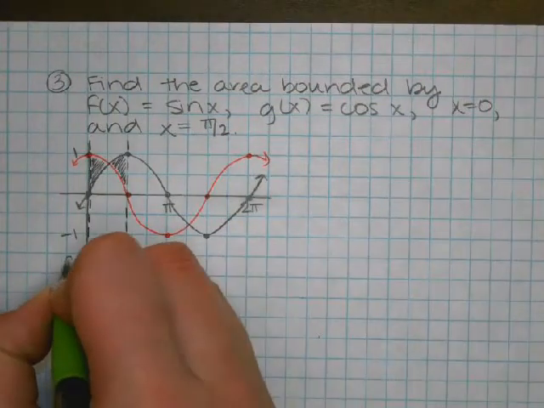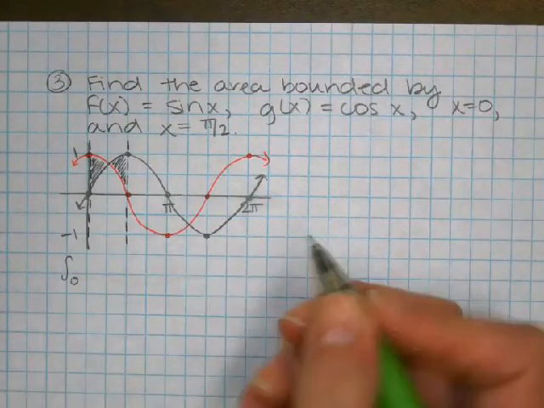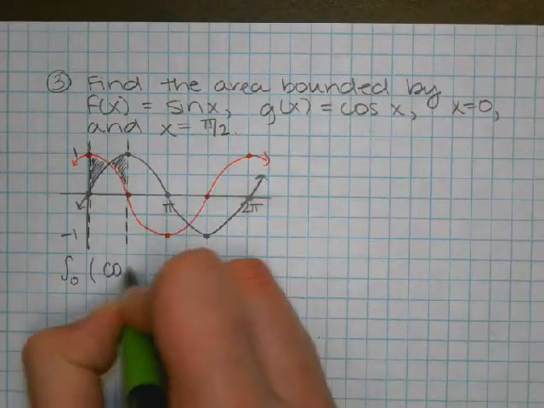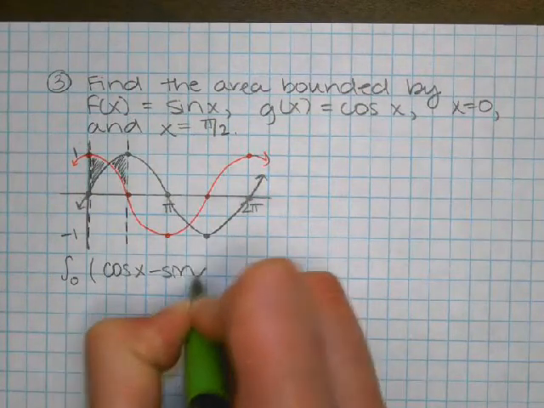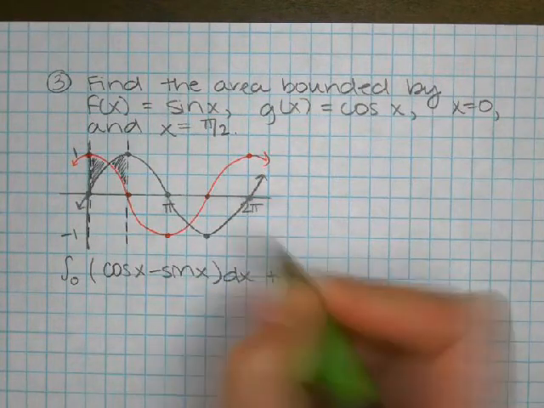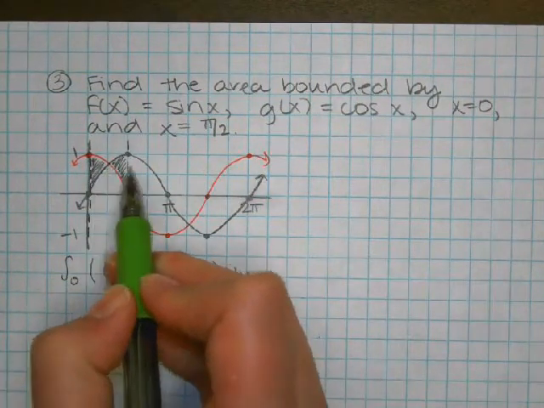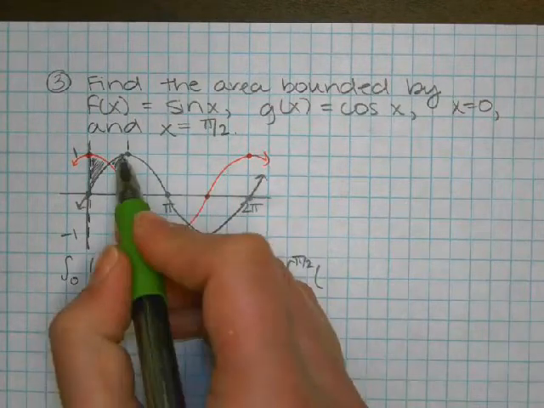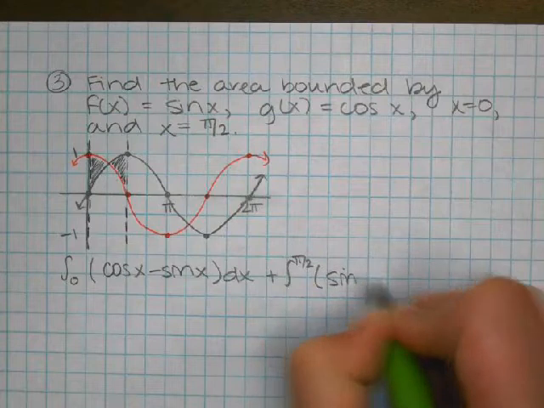So I'm going to say from 0 to something is going to be top minus bottom, which would be cos x minus sine x dx, plus the second interval would be something to pi halves. And that's sine x minus cos x.